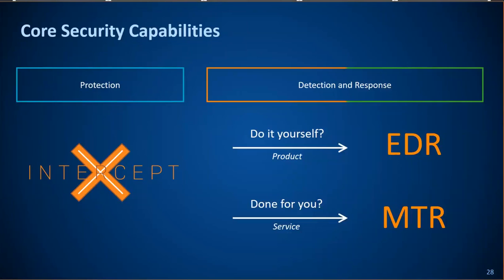In Sophos core security capabilities, we have the core protection, which is Intercept X. We have EDR, which you can use if you are well versed with all the queries and up to date with Sophos threat intelligence, or you can say the threat landscape. So definitely you can go and use the EDR and identify the threats by yourself.